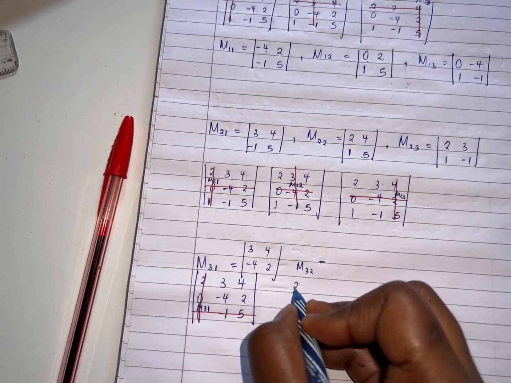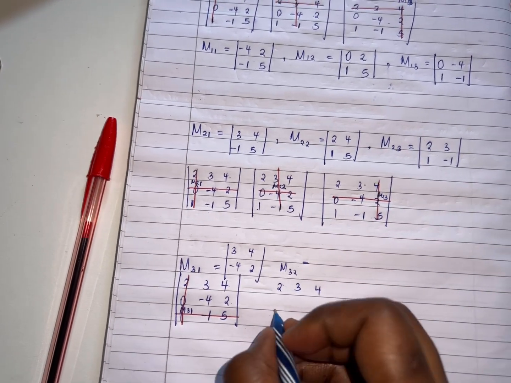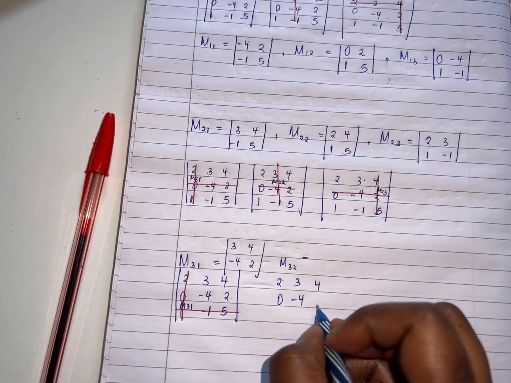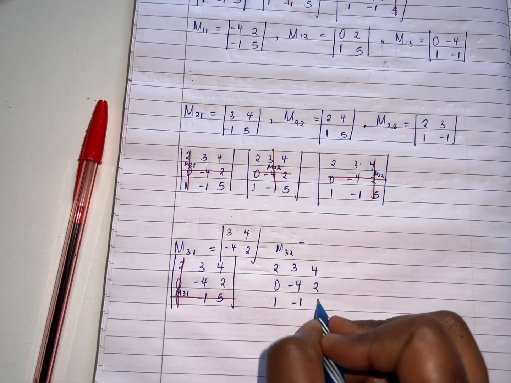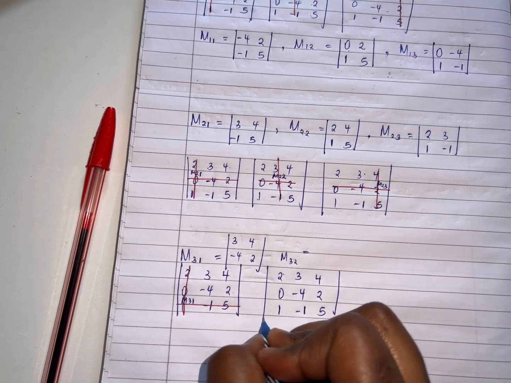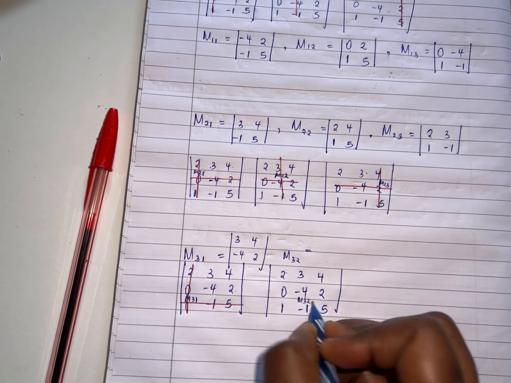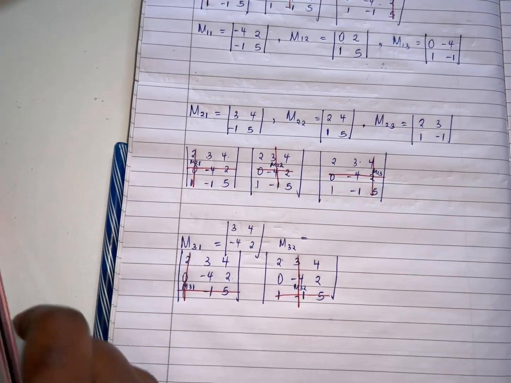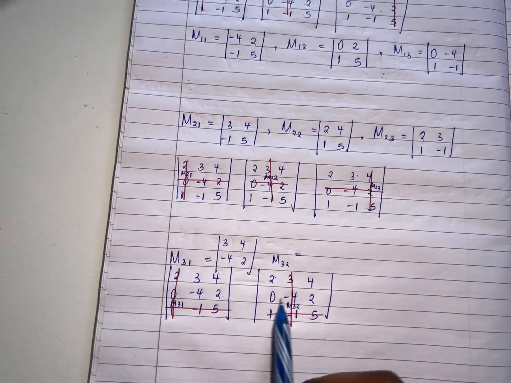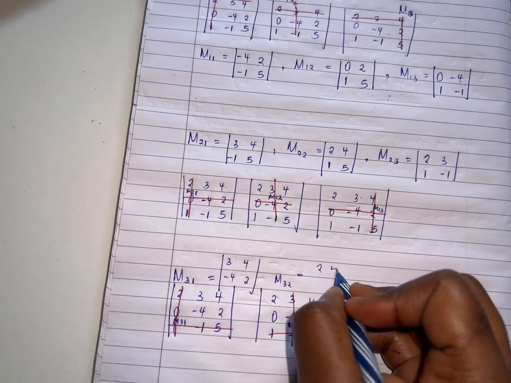So M32, we will write again. Gonna cancel the row and the column. So remember 2, 4 and 0, 2.